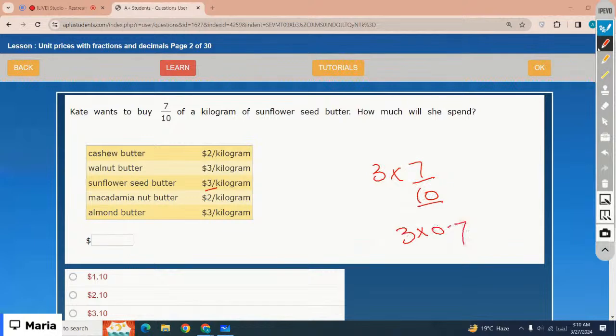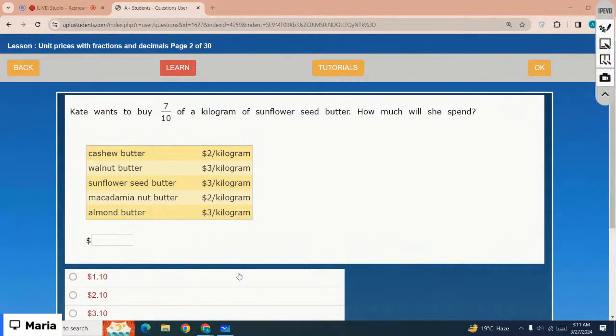When you multiply, 7 times 3 is 21, move the decimal place, that would be $2.1. That means 7/10 of a kilogram is $2.10. Got it? The correct option is $2.10. Option number 2 is the correct option.